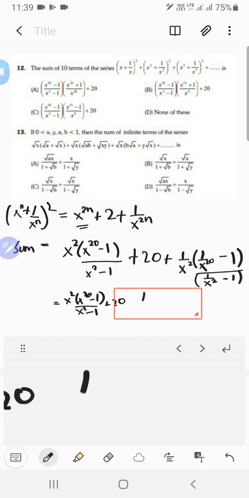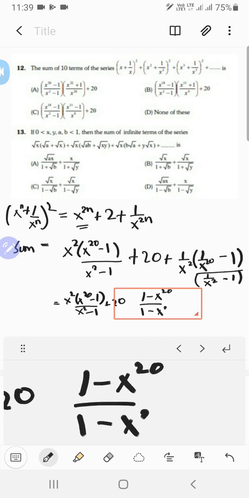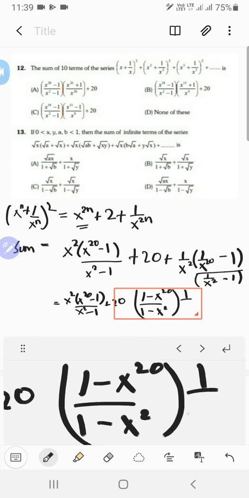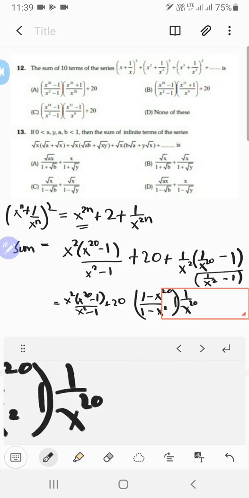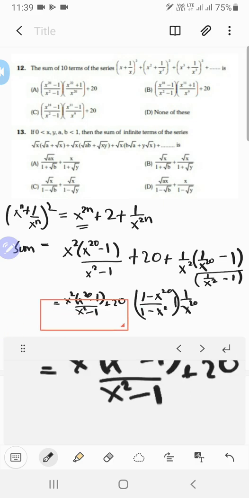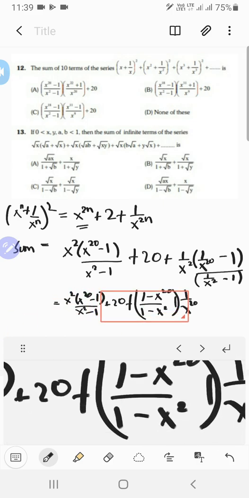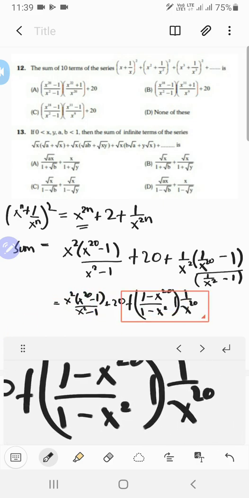So it's going to be (1 minus x^20) over (1 minus x squared), but all this divided by x^20. Obviously this plus sign over here.